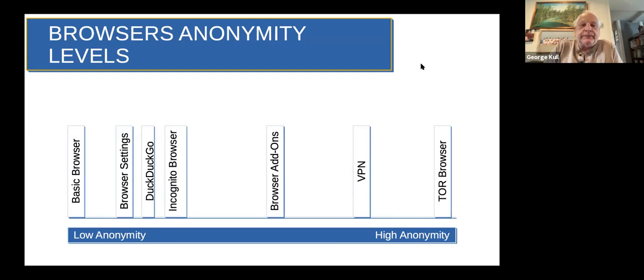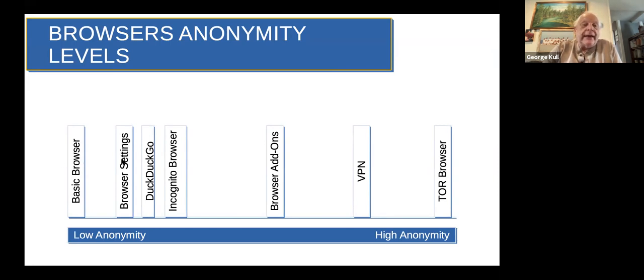As we were talking about, Paul and I, just briefly before the meeting started, this is a basic overview of levels of anonymity throughout the internet through different browsers. The lowest is the basic browser, which when you start it, basically doesn't have any privacy or security attached to it.